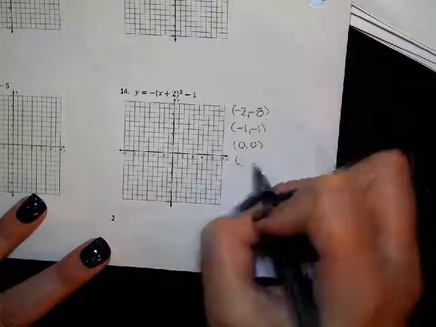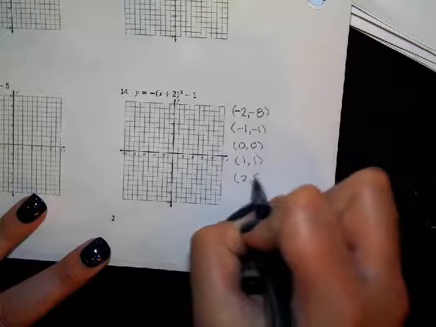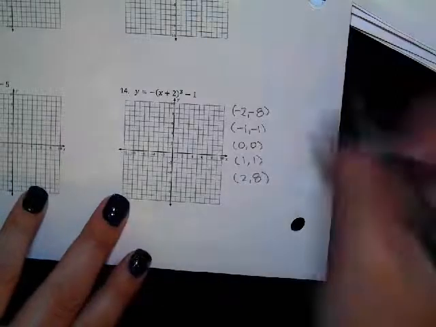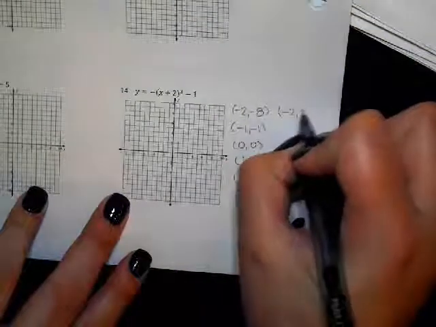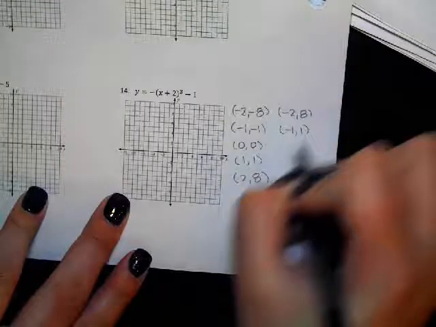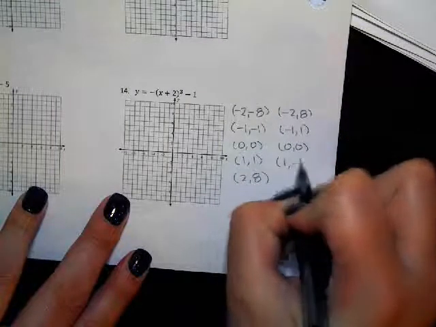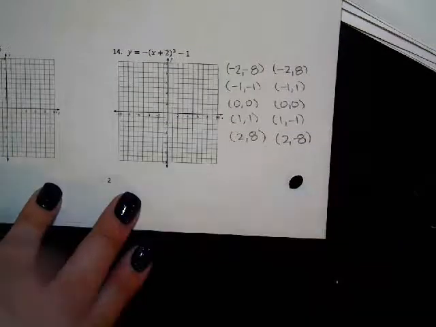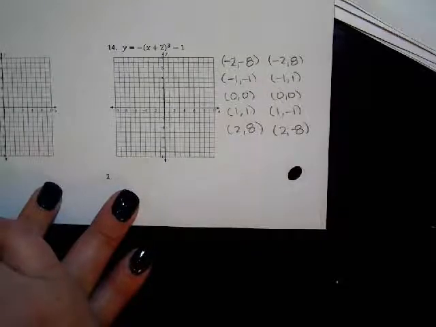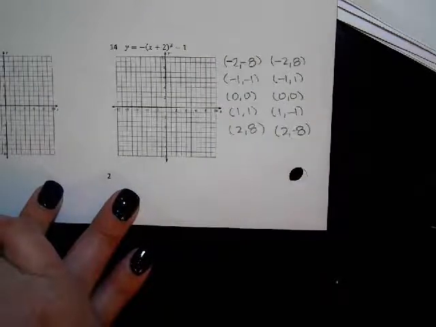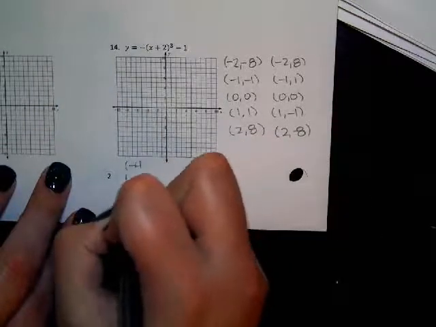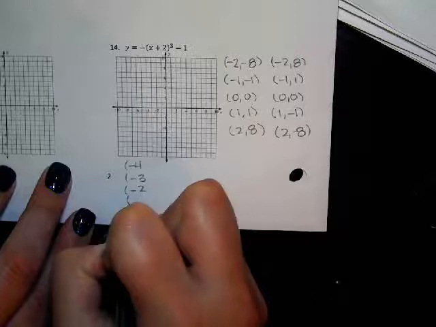Okay. And then what's the first transformation we would do? Okay, so take the y coordinate, change the sign. And then what's another transformation? Left 2. Okay. And then the last transformation is down 1.